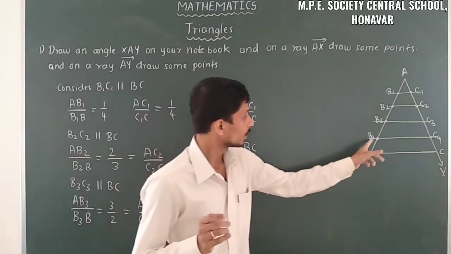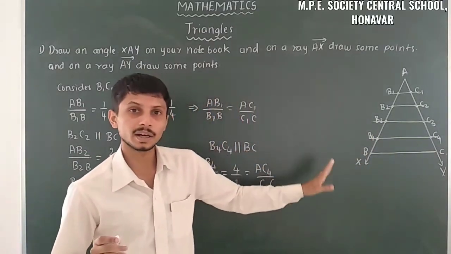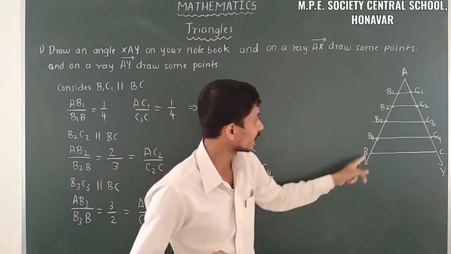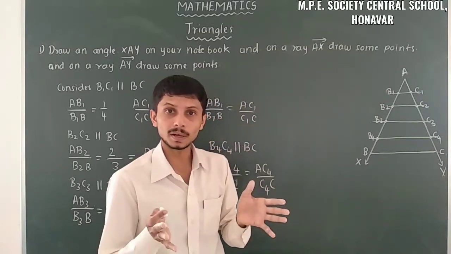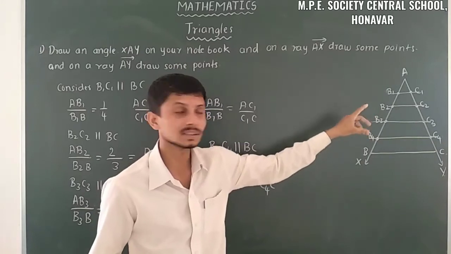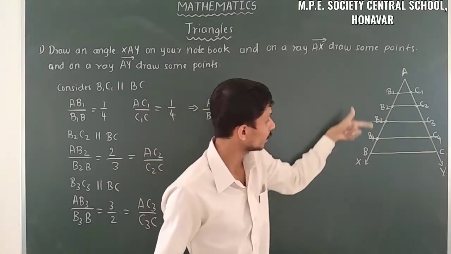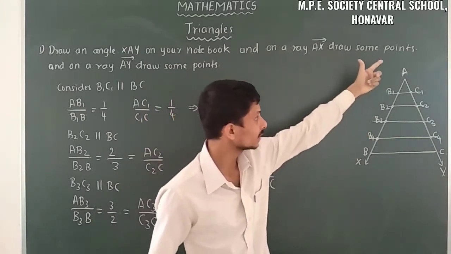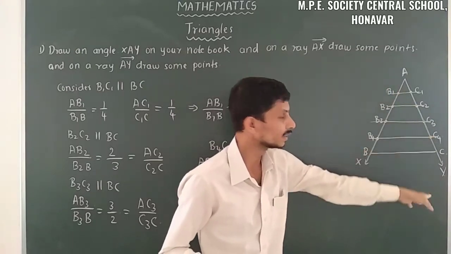That is, B4C4 divides the side AB into parts, so we have to be aware of the measures of AB4 and B4B, and the measures of AC4 and C4C.